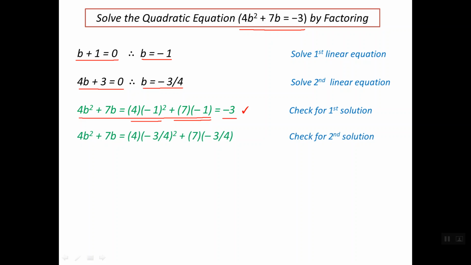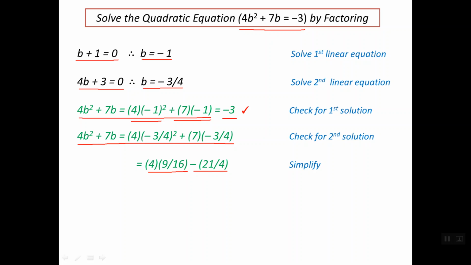So 4b squared plus 7b, we substitute for b: 4 multiplied by minus 3 over 4 squared plus 7 multiplied by -3 over 4. Minus 3/4 squared is simply 9 over 16, so 4 multiplied by 9 over 16. 7 multiplied by -3 is simply -21 divided by 4.